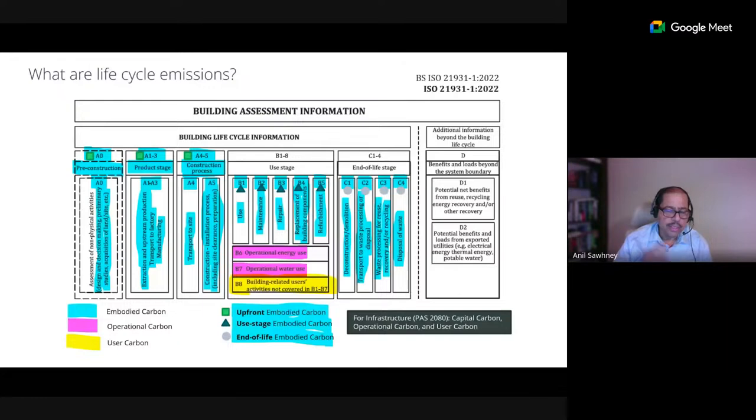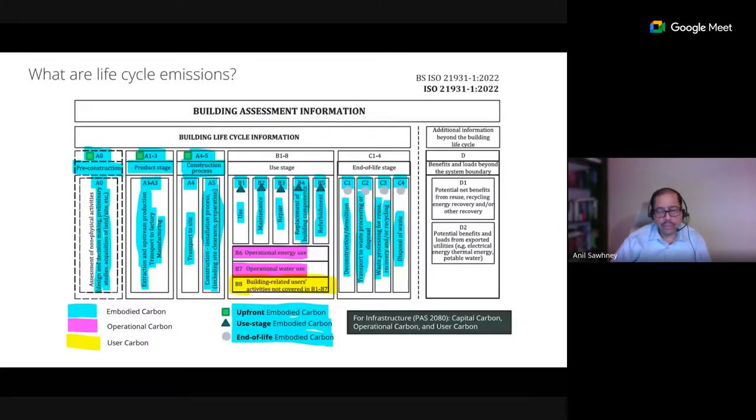In the same way, they don't want to call it embodied carbon. They think of that as capital carbon, carbon that is spent during construction, carbon emissions that are released during construction. So you may come across somebody using the term capital carbon instead of embodied carbon. But otherwise, this is pretty standard. This is based on an ISO standard.